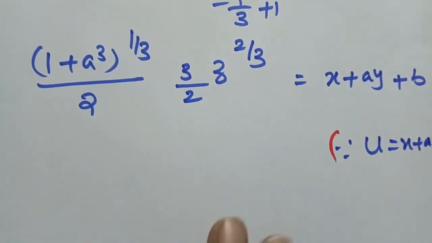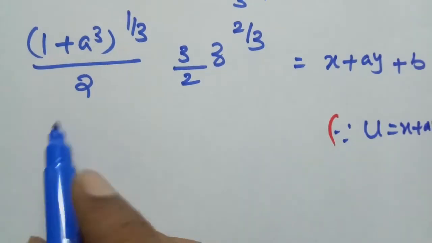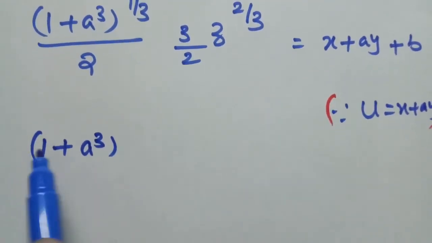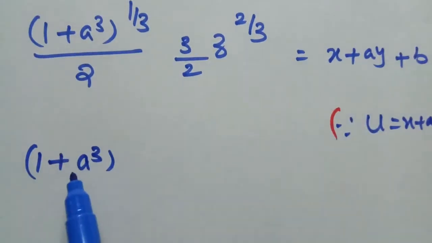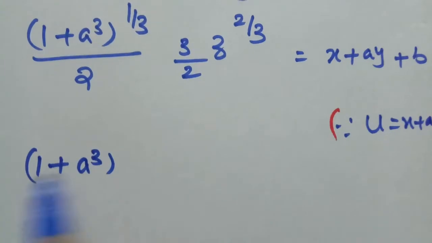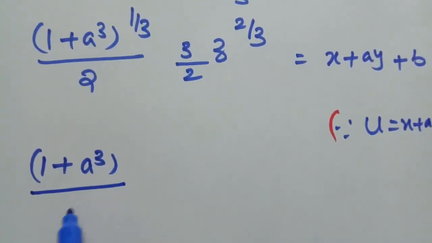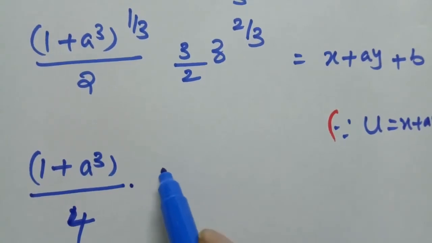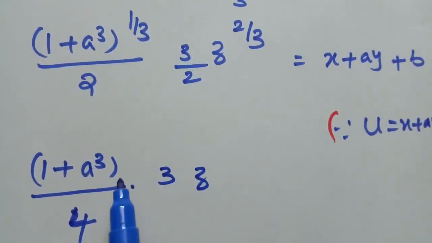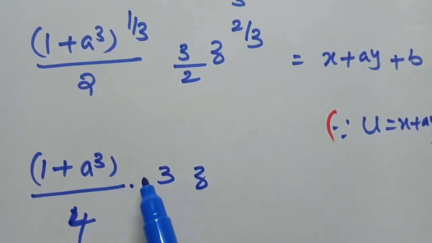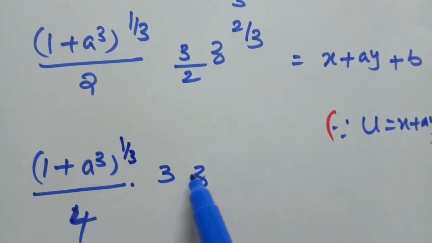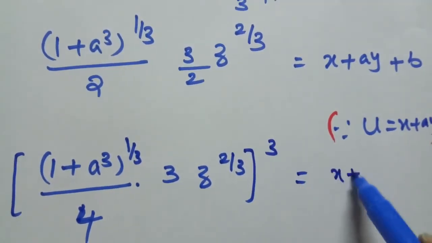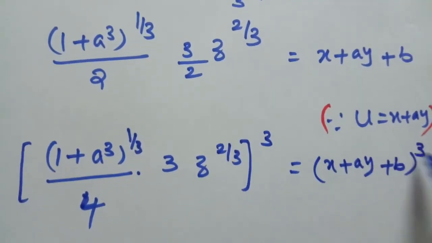Therefore, this can be written as 1 plus a cube whole to the power of 1 by 3, by 2, into 3 by 4... that is, 1 plus a cube by 2 into 3 into z whole to the power of 2 by 3, cubing on both sides, whole cube is equal to x plus ay plus b whole cube.